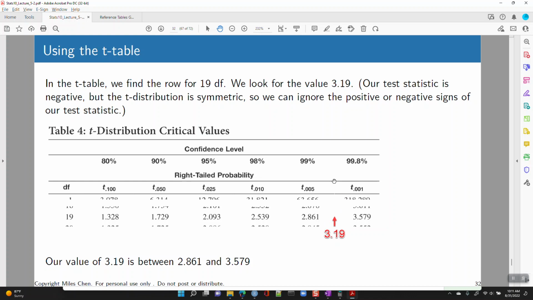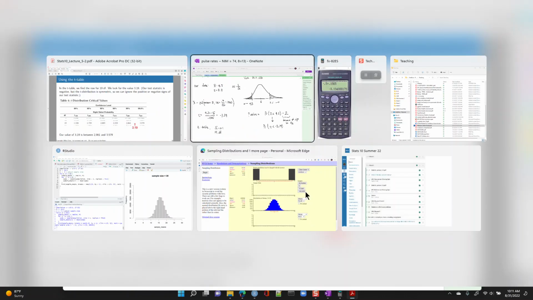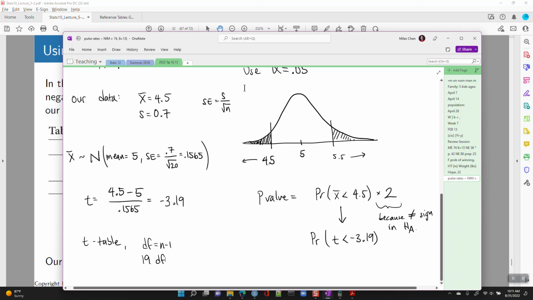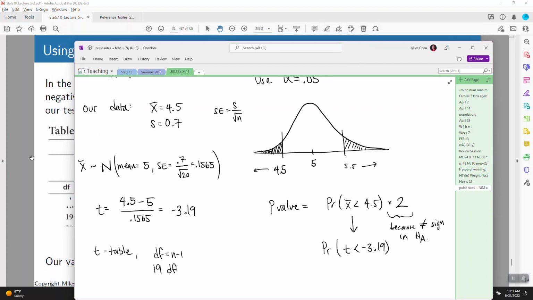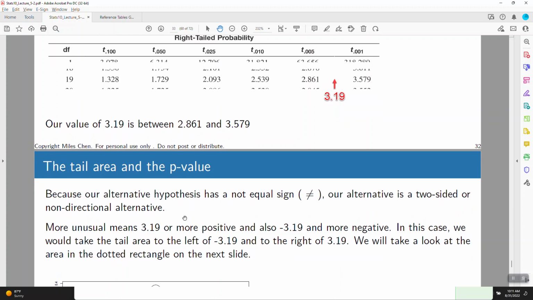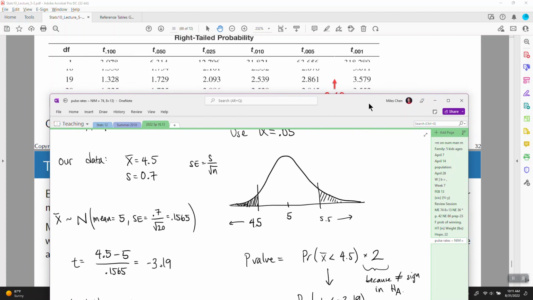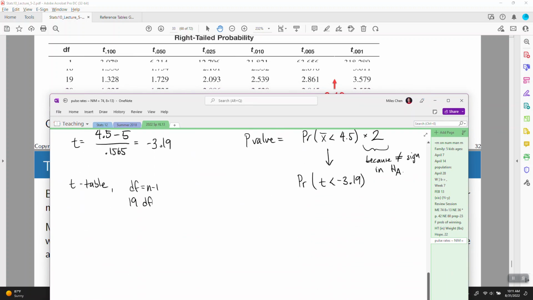And I go to the top of the table, and therefore my tail area is going to be between 0.001 and 0.005. This is how the t-distribution table works: we are zooming in on part of the t-distribution.